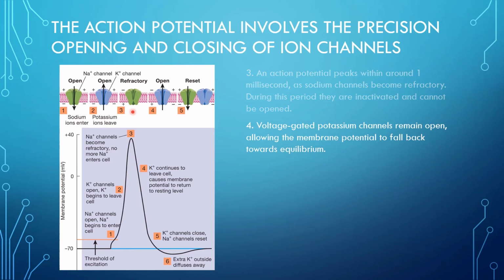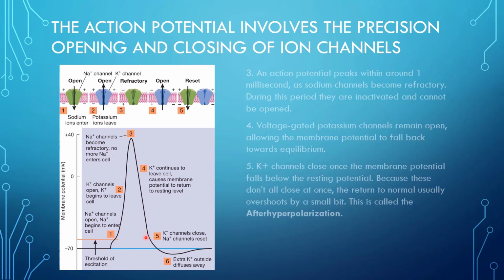But at this point, we still have all of these voltage-gated potassium channels that are open, which means that potassium keeps leaving the cell and leaving the cell. All of these positive ions are flowing out, and so the cell starts to return back to normal. At some point, these voltage-gated potassium channels will close, but they don't all close at once.